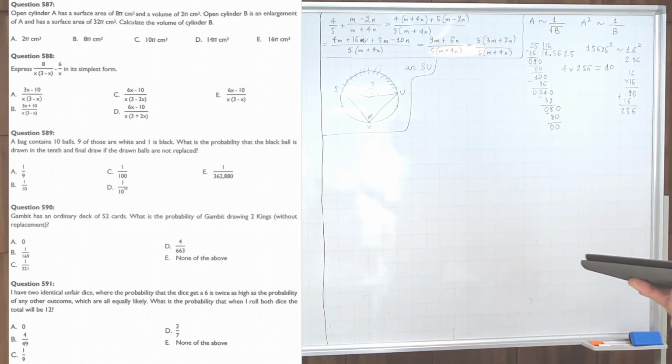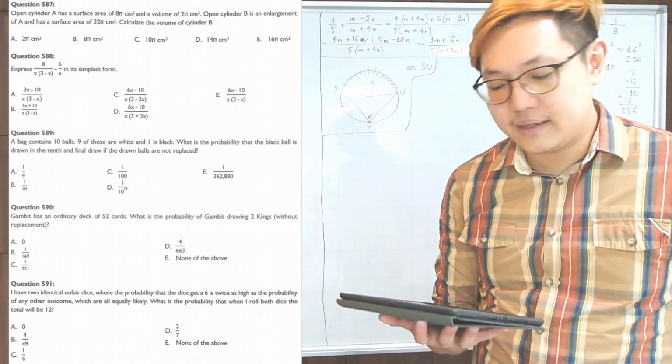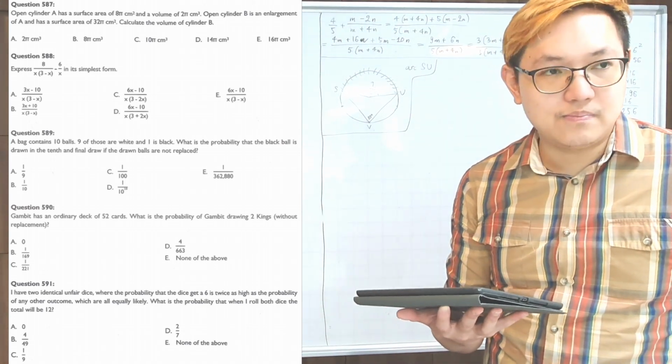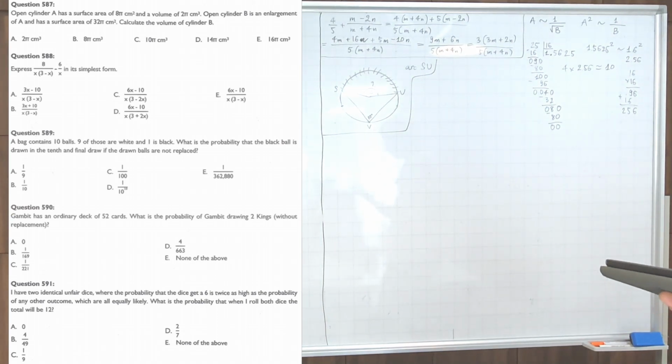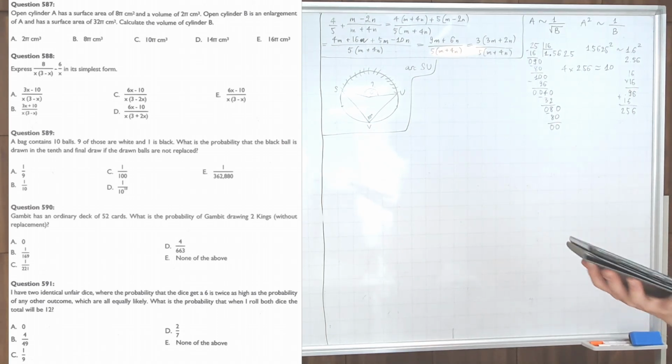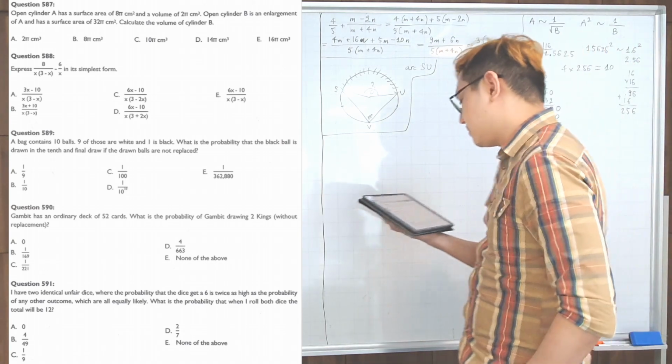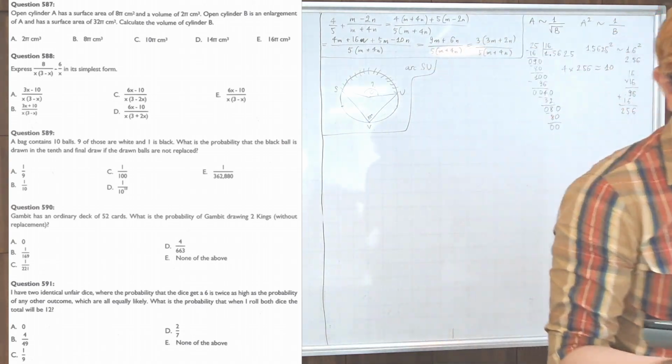If it's an open cylinder, it means you do not calculate the two bases, upper and lower. And it has a surface area of 8 pi cm squared and a volume of 2 pi cubic centimeters.